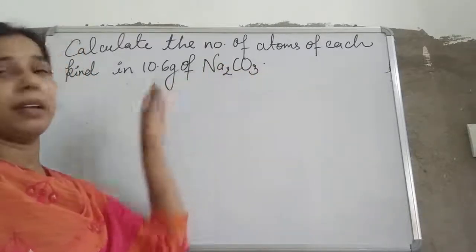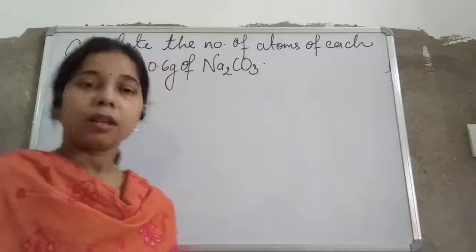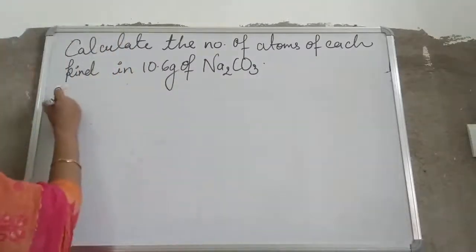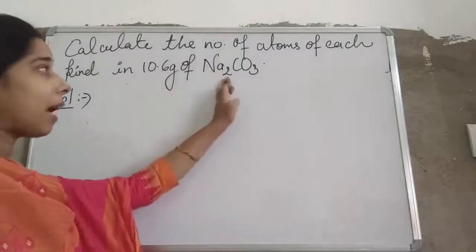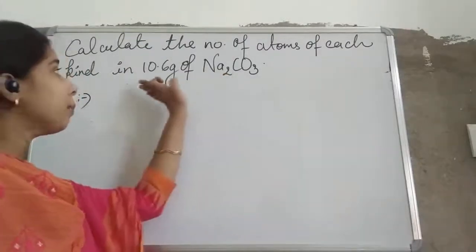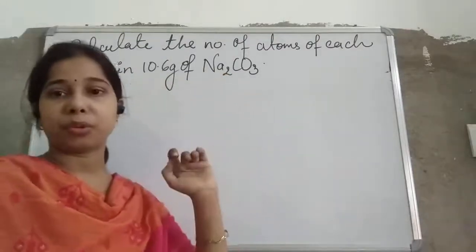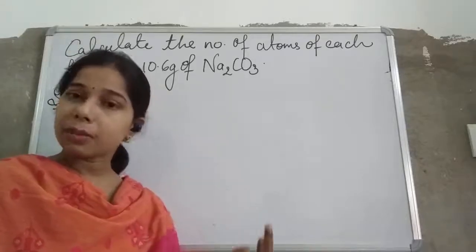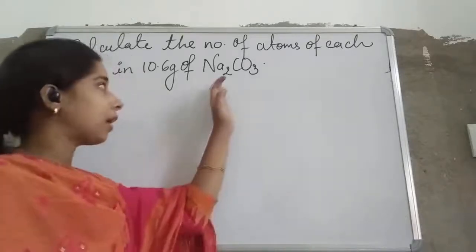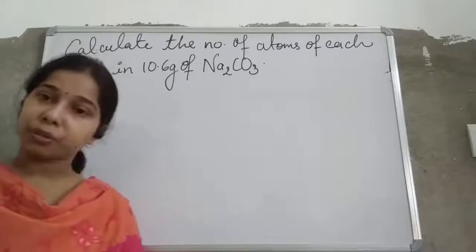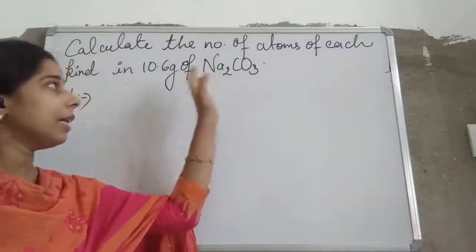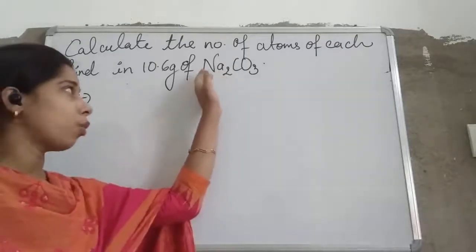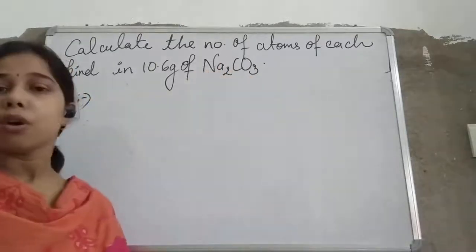So what we will do here, students, at first we will find the number of particles, or the number of atoms, present in 10.6 gram of Na2CO3. When we get that, with the help of it we will find the number of atoms of sodium, carbon and oxygen.